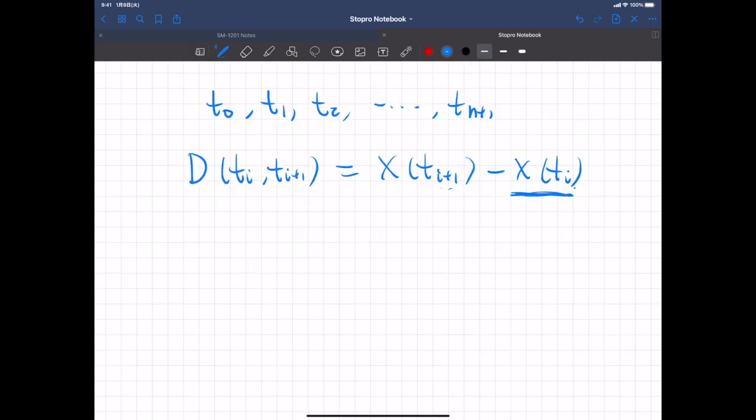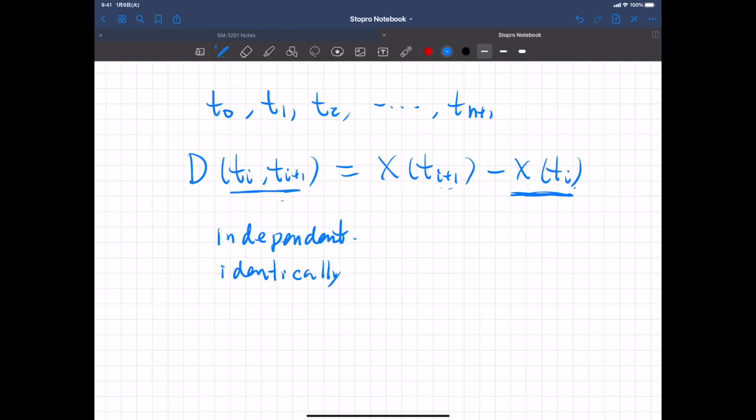Now we assume the following. First of all, these d's are independent if the time intervals are not overlapping. And also we assume that they are identically distributed.